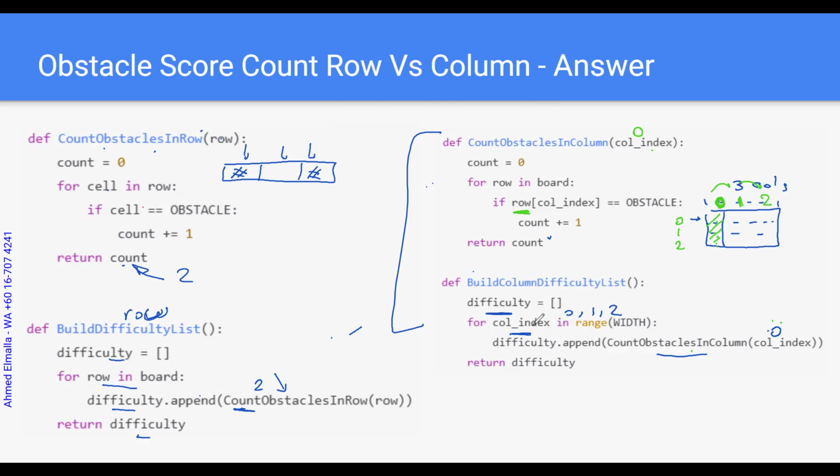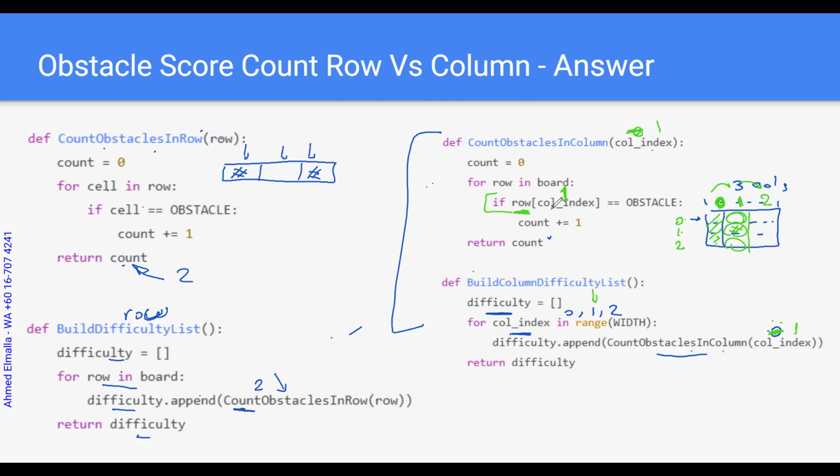So once this increments to 1, we will pass 1 to this function, and we will call it again, and then we will go through every row, but we will focus on counting the obstacles in this specific column, which is column 1 in this case. Okay, so that is indicated by this if statement. This if statement says, when you have this row, so definitely here we will go through row 0, row 1, row 2, but we're going to focus on this specific cell only, and this cell only, and this cell only.